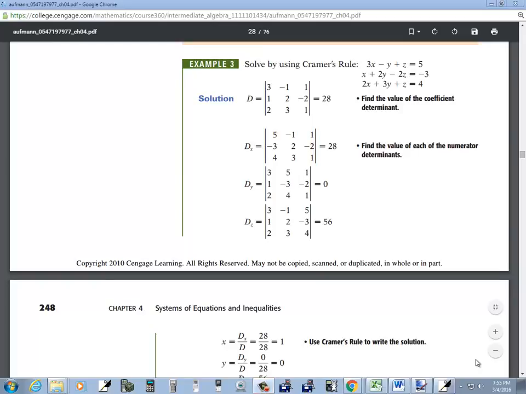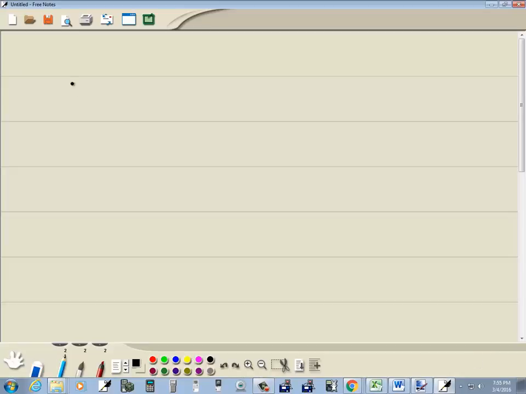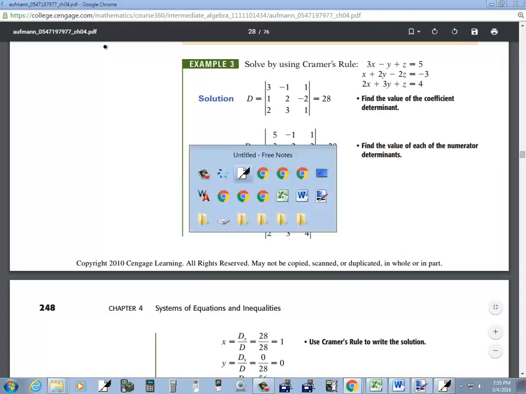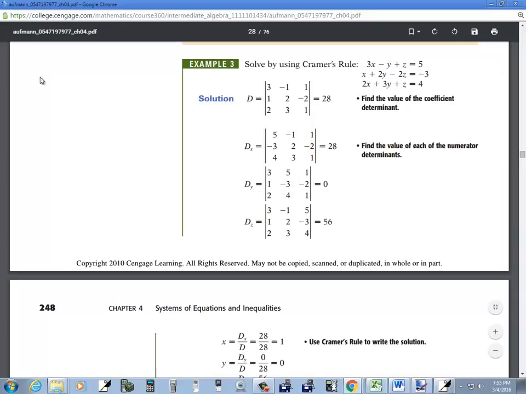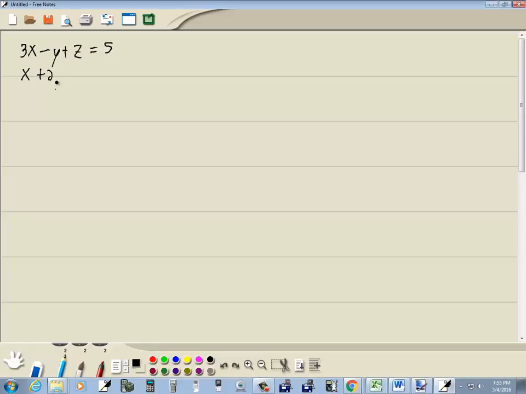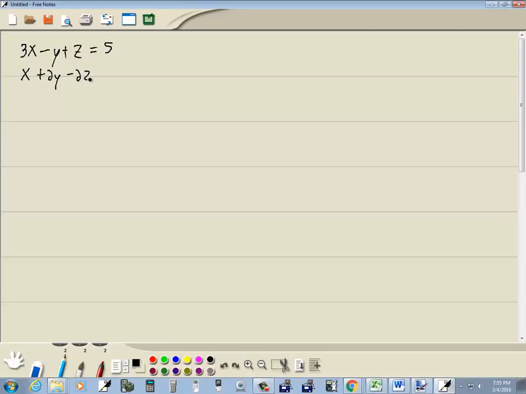Let's take a look at example 3. It says solve by using Cramer's rule. So we got 3x minus y plus z is equal to 5. You got x plus 2y minus 2z is equal to negative 3.